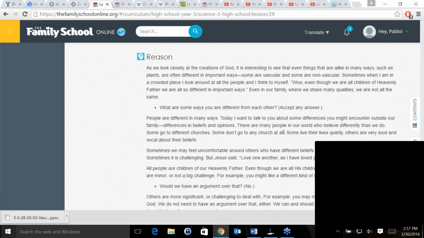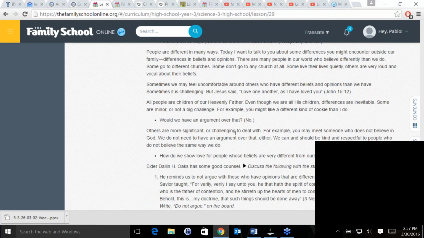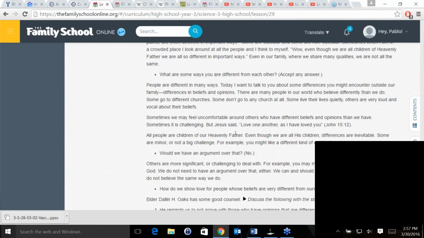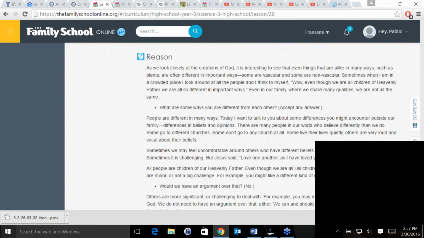Okay, good deal. So let's go now to the part of the lesson of the gospel principle. It is asking us to look at the different creations of God and see that things are different, and there are also other things that are kind of similar. We talk here about vascular plants, kind of like regular plants.